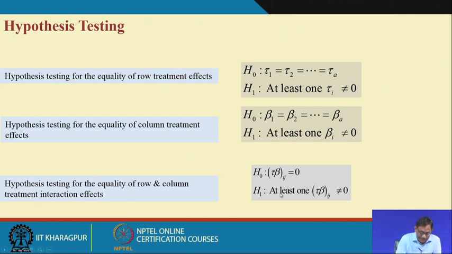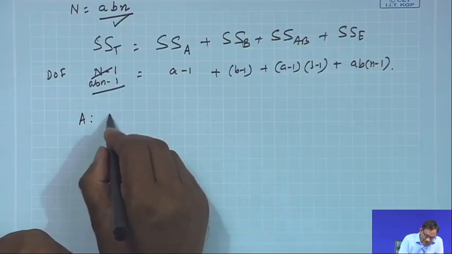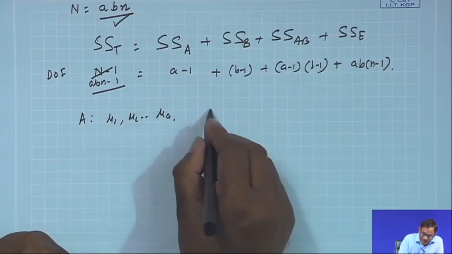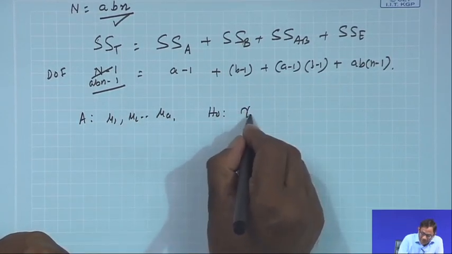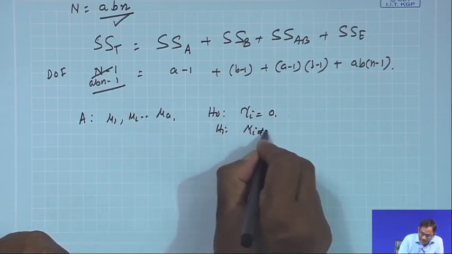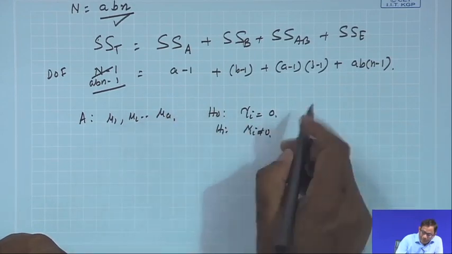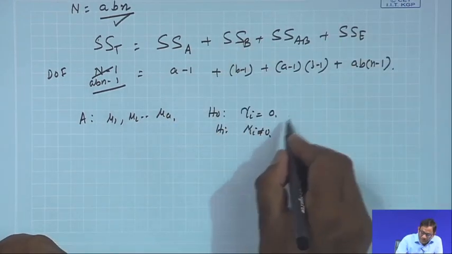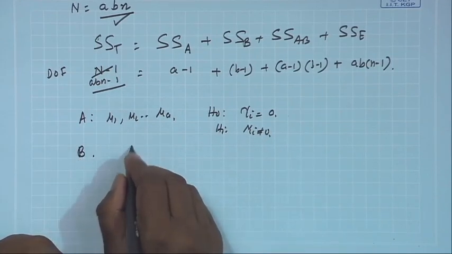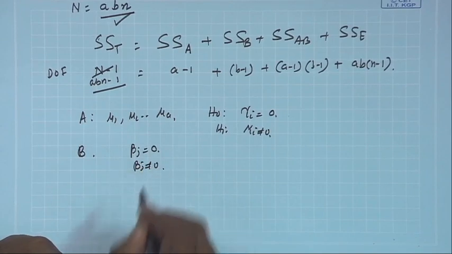When I am talking about a treatments, I have mu 1 to mu 2 to mu a levels. H0 I am creating like this: tau i equal to 0, H1: tau i not equal to 0, or the other way, mu 1 equal to mu 2 and so on. Similarly, for beta you create beta j equal to 0, beta j not equal to 0.